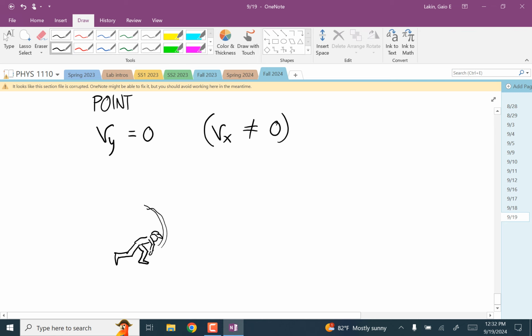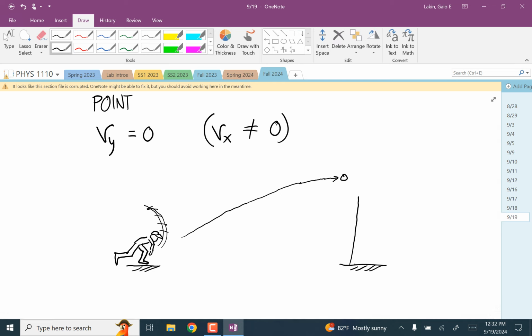Okay, so this guy's just thrown this ball, right? And he's thrown it really fast. Say that you somehow knew where the ball was going to reach its highest point. And what you did is you put a ladder out there and you stood up on the ladder.